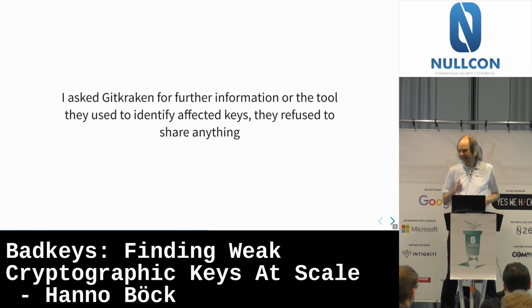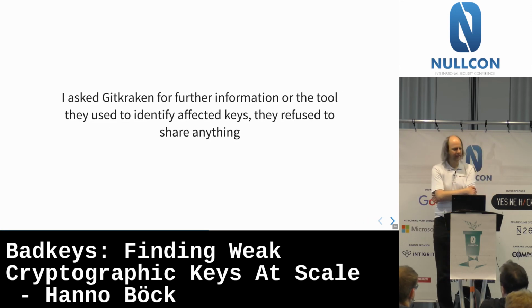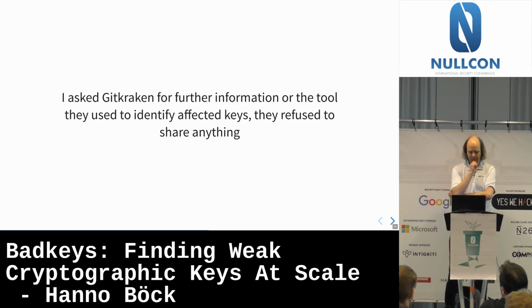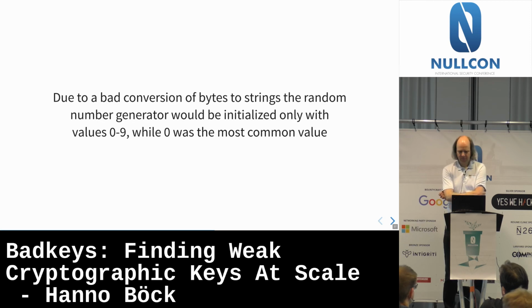Yeah. I contacted the company that's developing the GitKraken software, and they refused to share any information about it, which I found unfortunate. So what's happening in there is that this library has two bugs. One is that they are checking whether they have a good JavaScript random number generator, but this check had a bug, so it always failed. And then they had a fallback random number generator they wrote on their own.